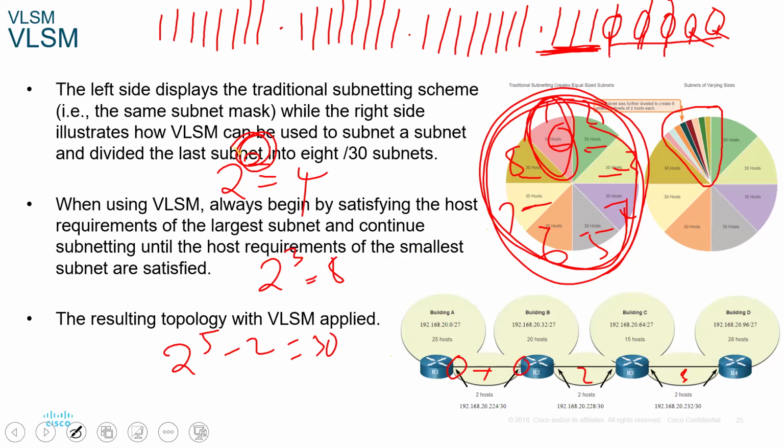If I borrow this 3 to the network portion, that means if I do 2 raised to the power of 3 that I've borrowed, I will still get another 8 subnets. 8 subnets, each one will give me what? 4 IP addresses minus 2 will give me 2 IP addresses. That is how we got these ones that are broken down.